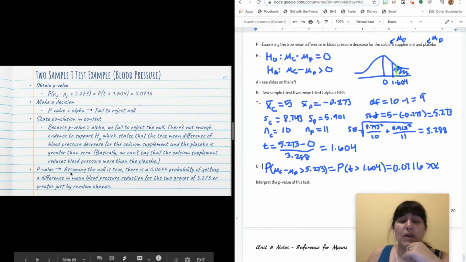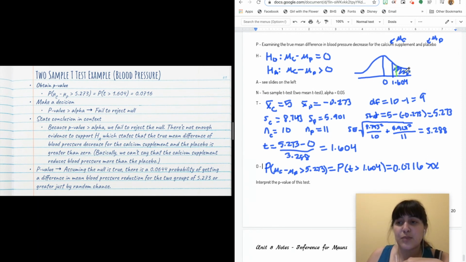Okay, so what the p-value actually is, this probability, is this blue shaded region that I have for you up here. So we're saying, because we ran this test, assuming that the null is true, there is a... Oh, sorry. I realize I didn't change this from the last one. So this should say there is a 0.0716.